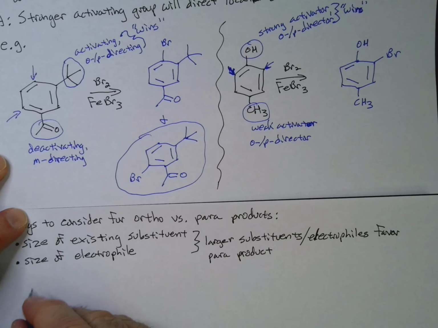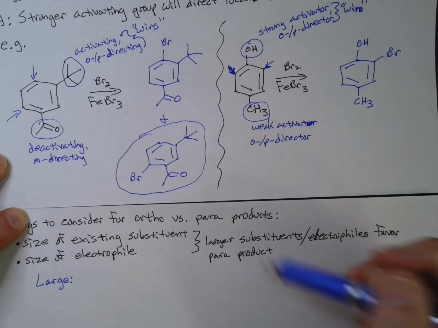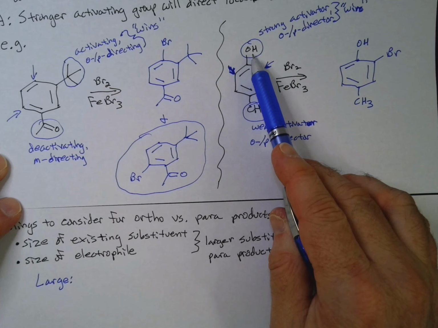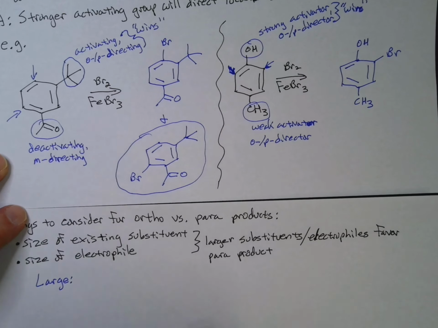So what are some large and small electrophiles? I mean, you should be able to figure out large and small substituents. Highly branched alkyl substituents, like the T-butyl group, that's large. And OH is not very large. A halogen is not very large. So some large electrophiles would be SO3, so sulfonation.